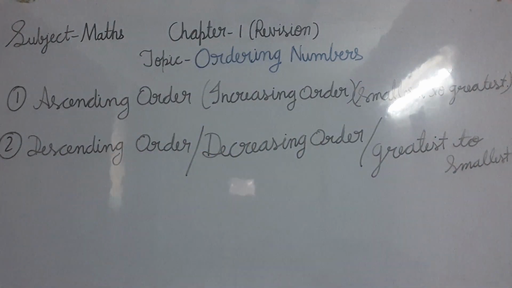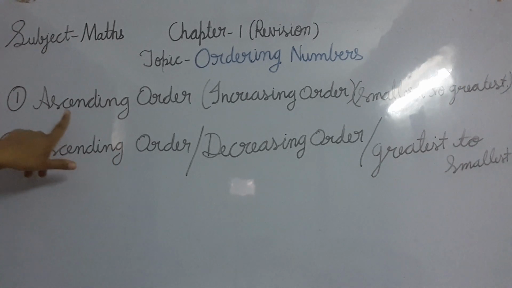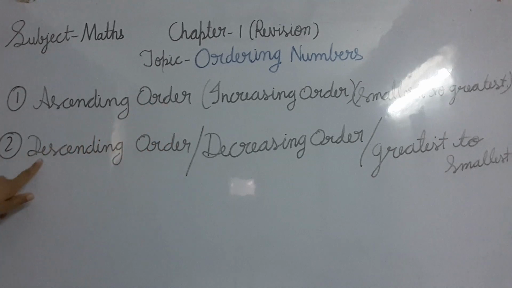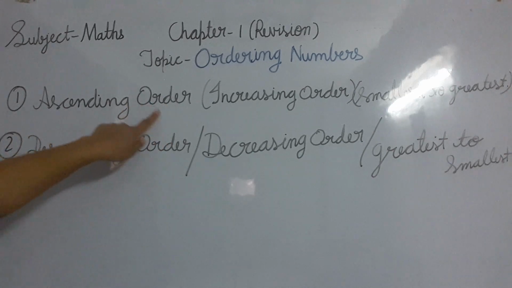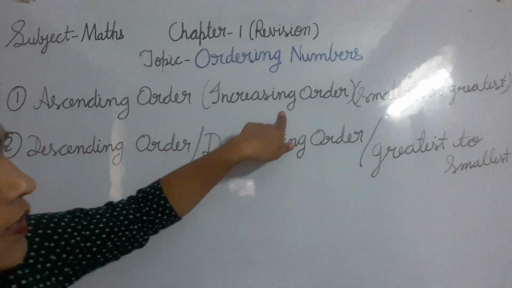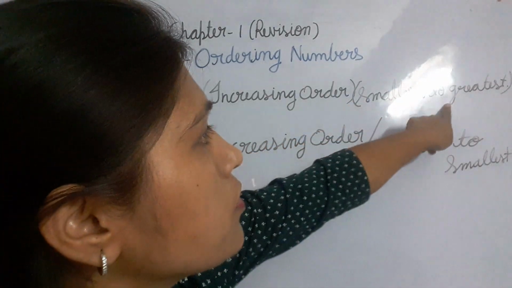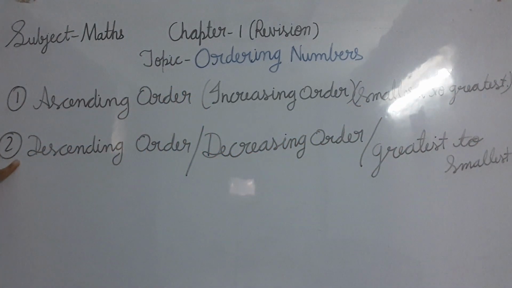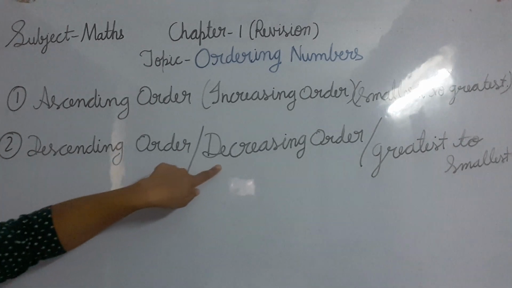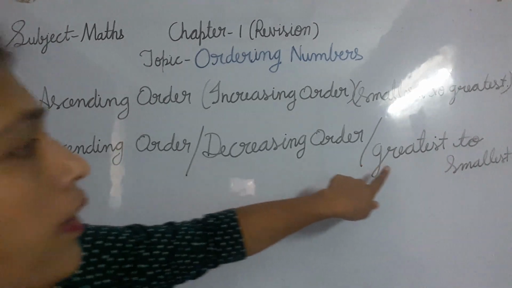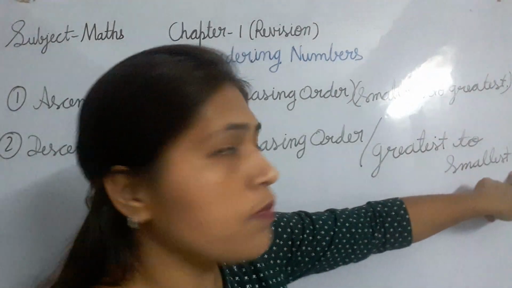Okay, so just put it in your mind. In two ways we can order numbers, ascending order or descending order. Ascending is also called increasing, or smallest to greatest. The second one is descending order, or decreasing order, or greatest to smallest.